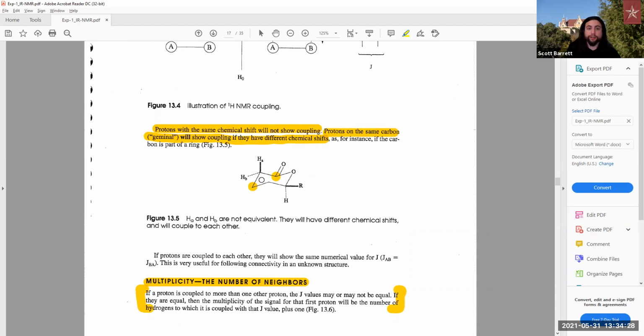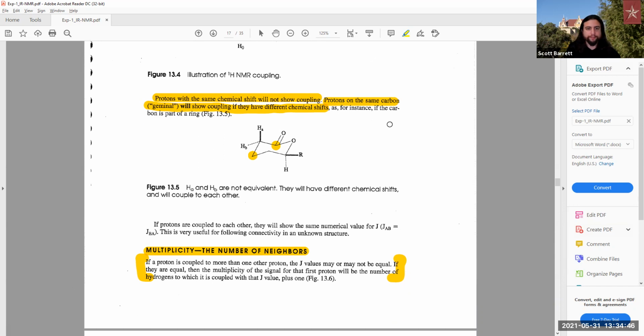So if you're looking at it, you can see here HA and HB are not equivalent. They'll have different chemical shifts and they will couple to each other, but they will be at different shifts because of their location in space, because the NMR is pulsing frequencies at these hydrogens.